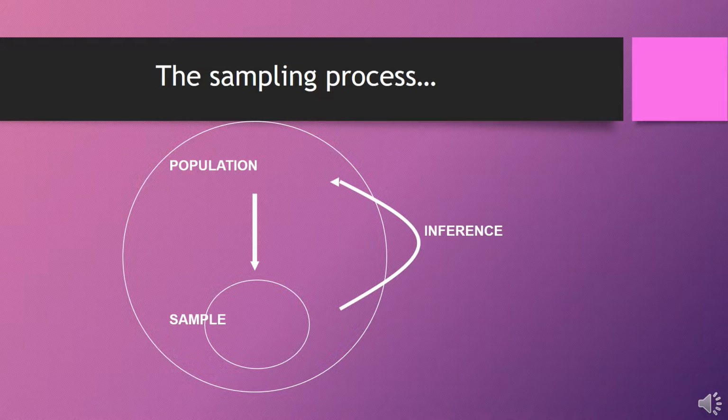Since we cannot study entire populations because of feasibility and cost constraints, we must select a representative sample from the population of interest for observation and analysis. It is extremely important to choose a sample that is truly representative of the population so that the inferences derived from the sample can be generalized back to the population of interest.